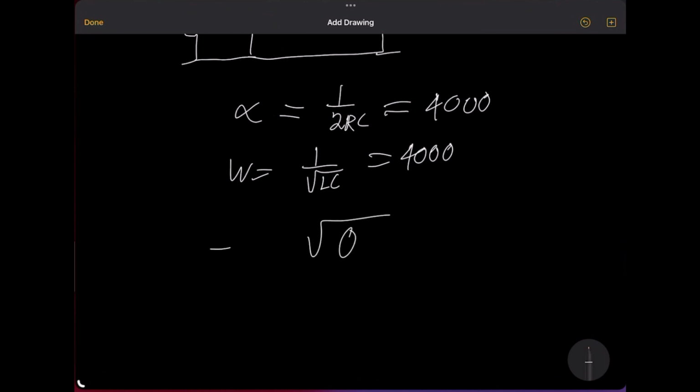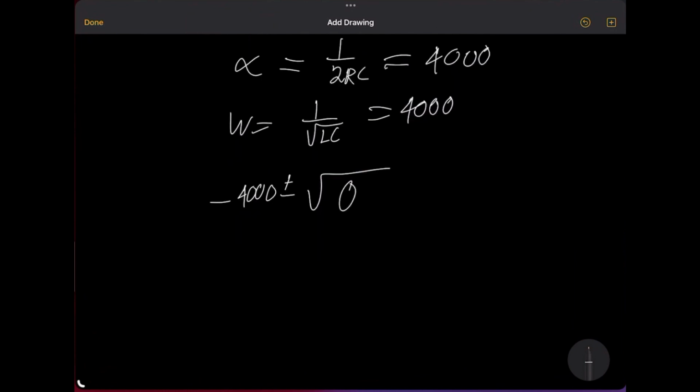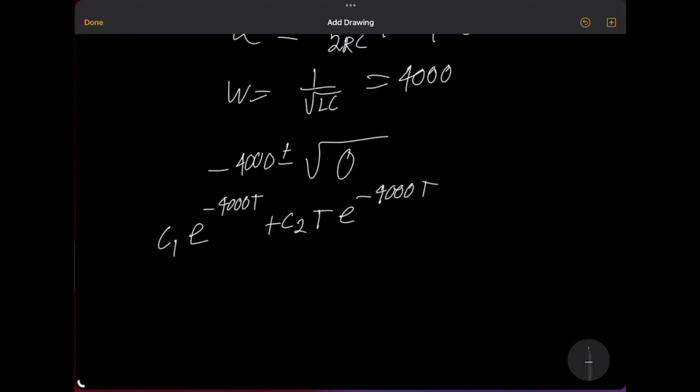And we're going to be left with negative 4,000 plus or minus. So we have the same case again. C1 e to the negative 4,000 t plus C2 t e to the negative 4,000 t, or written as in the problem probably, e to the negative 4,000 t times C1 plus C2 t. Factor that out.